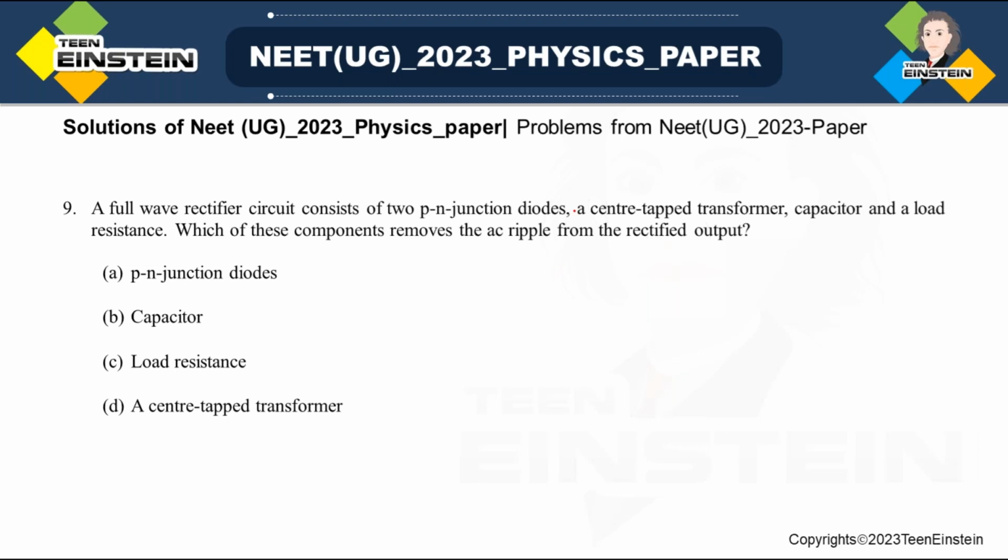So there are two diodes and there will be a center tap. See, this is one transformer and it has a center tap here, C. So this is A and this is B and this is C, the center tap, and there will be two diodes connected.